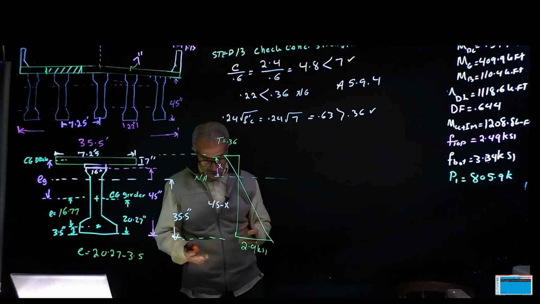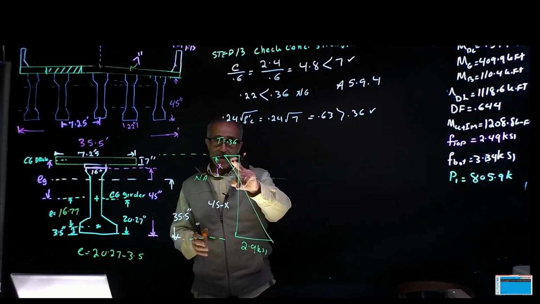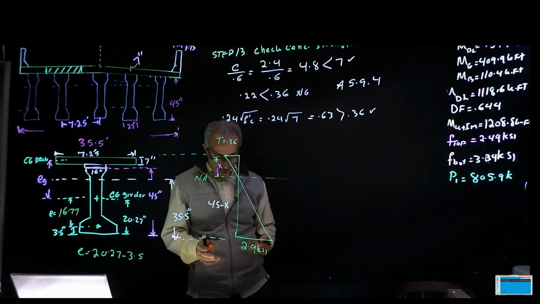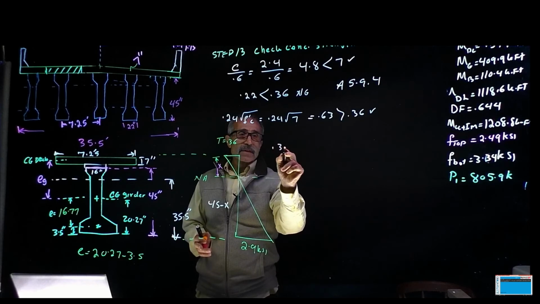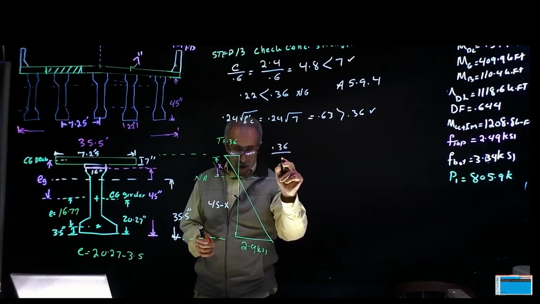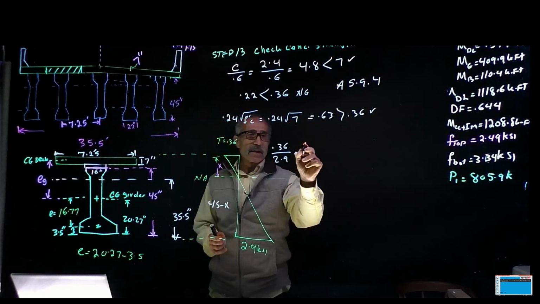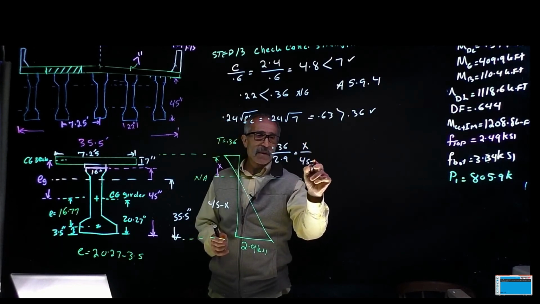So I'm going to go ahead and calculate these two. I got one triangle here, one triangle here. Basically, the distance I'm looking for is going to be 0.36 divided by 2.9, which equals X divided by 45 minus X. This is just simple geometry.